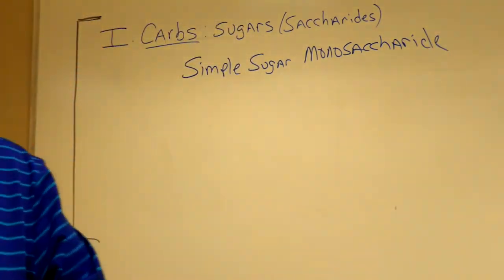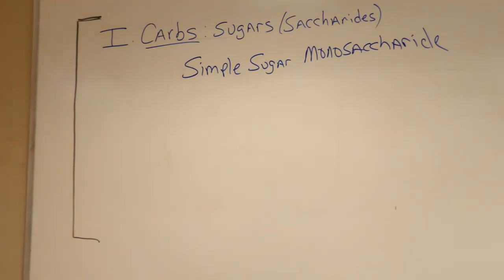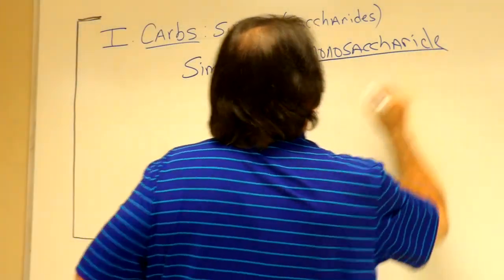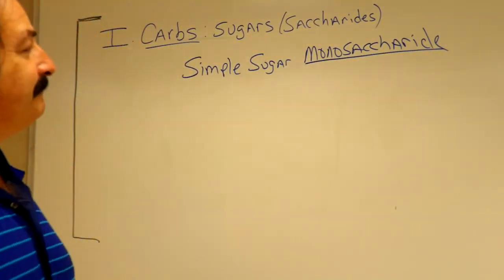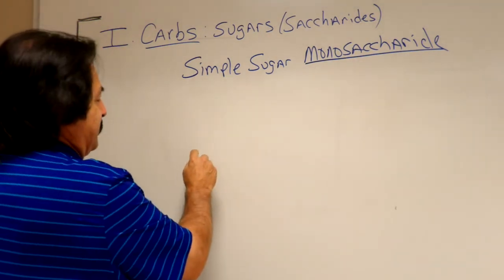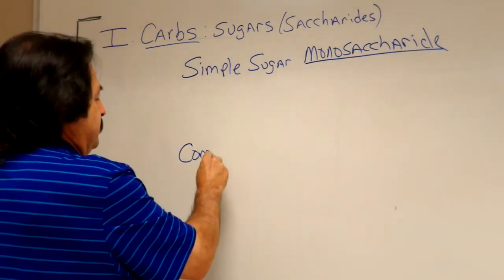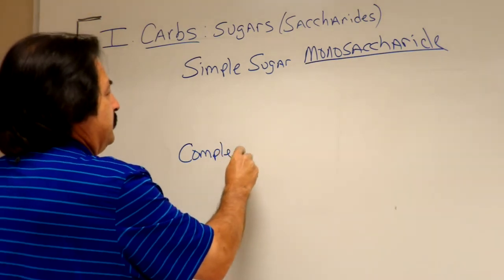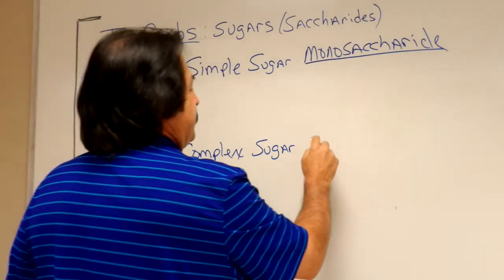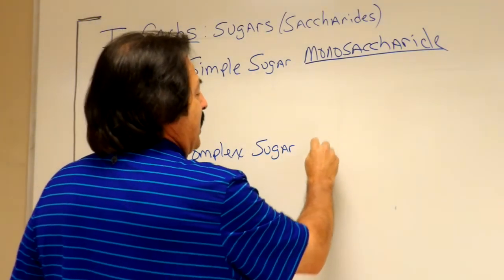Perhaps the most complex sugar is simply known as a polysaccharide.